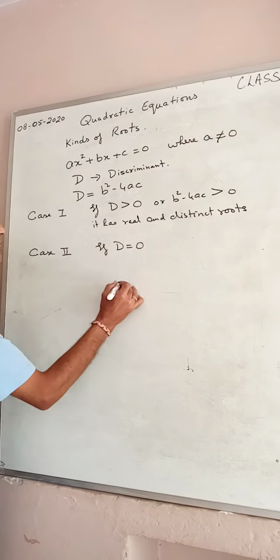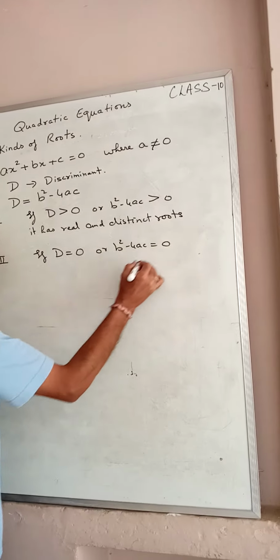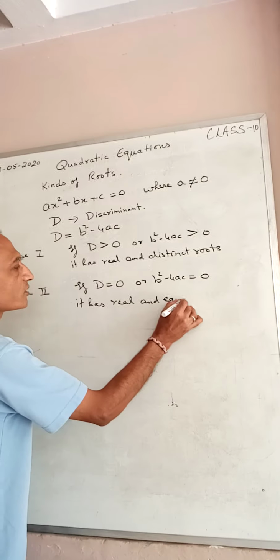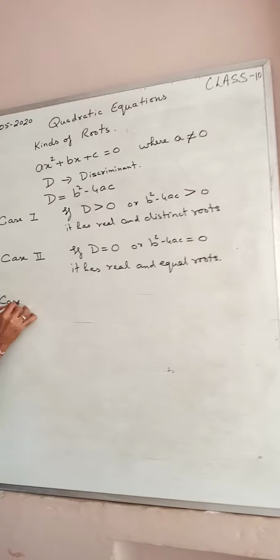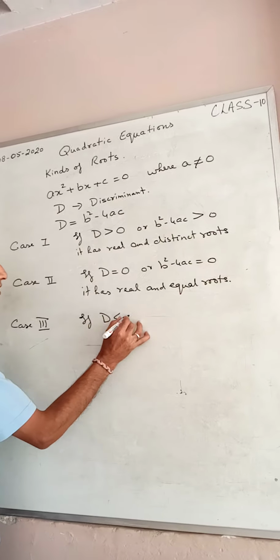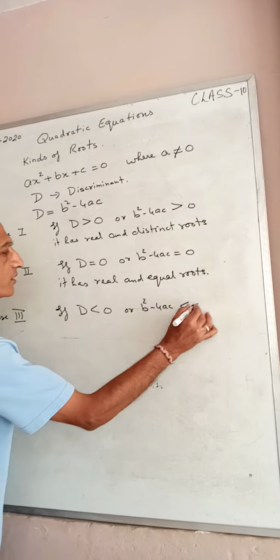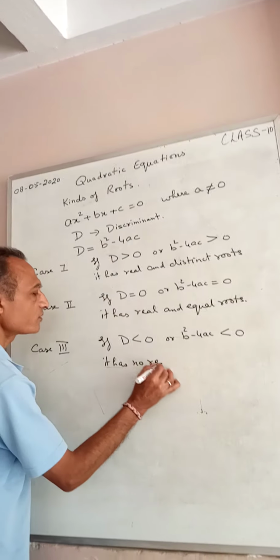Case 2, if D is equal to 0 or b square minus 4ac is equal to 0, it has real and equal roots. The third case is if D is less than 0 or b square minus 4ac is less than 0, it has no real roots.